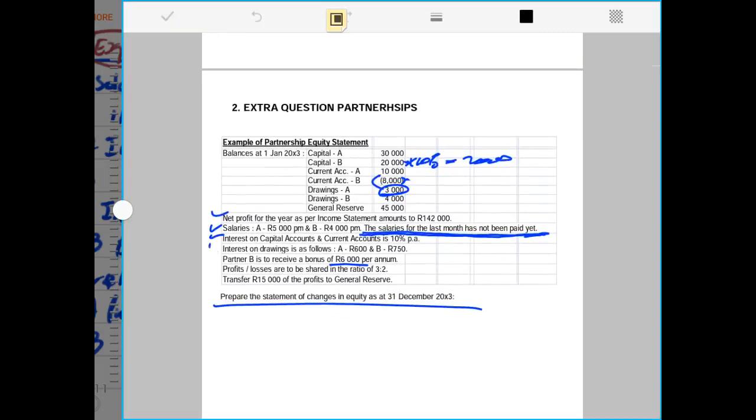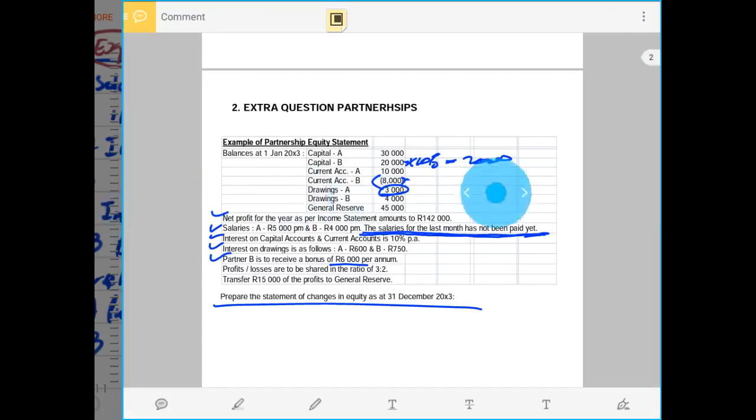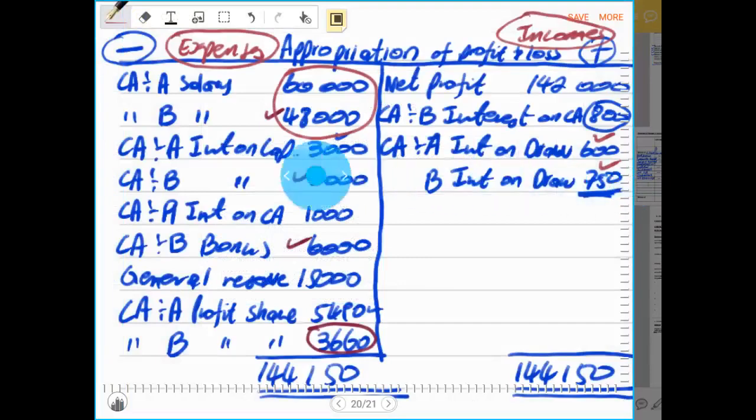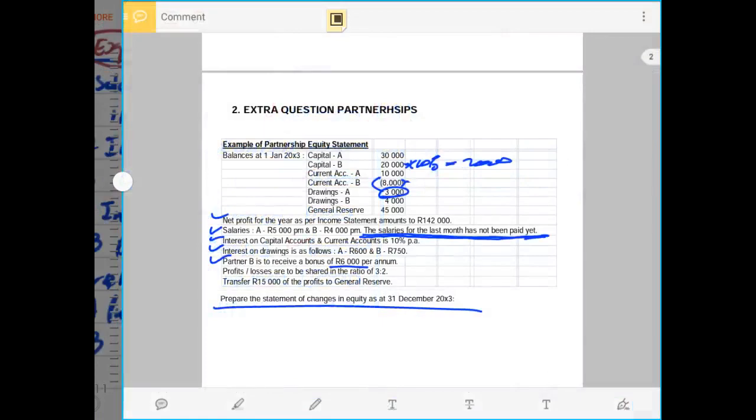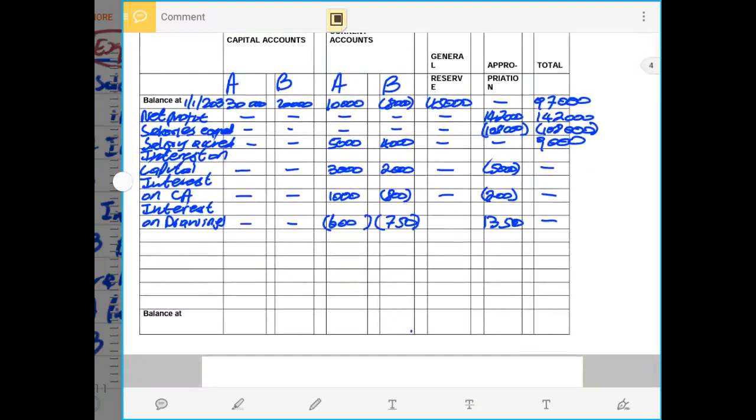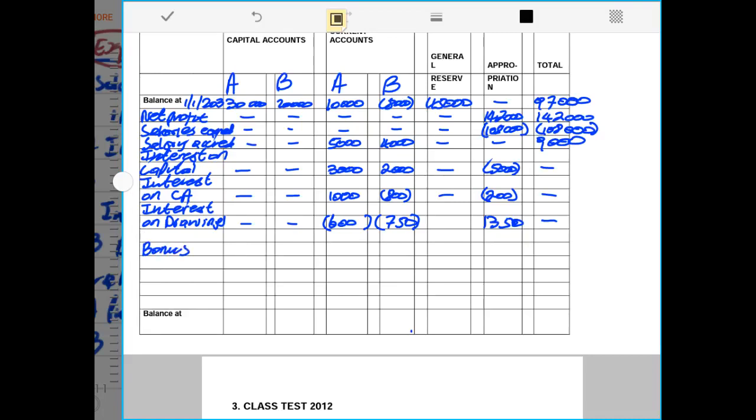We have done the drawings now, then we must do the bonus of 6000, and the bonus was only due to partner B. So now we record that bonus as a plus in the current account of partner B, an amount of 6000 rands. That amount is taken from the profit, so all the expenses reduce the appropriation account.